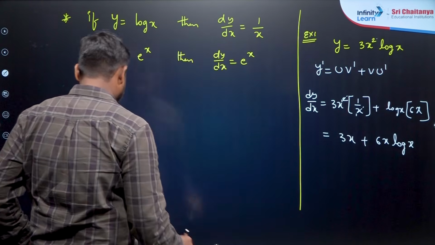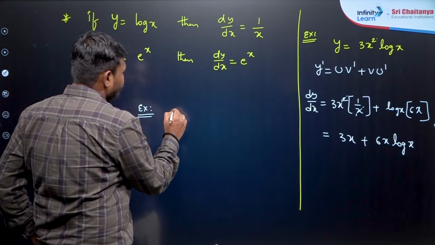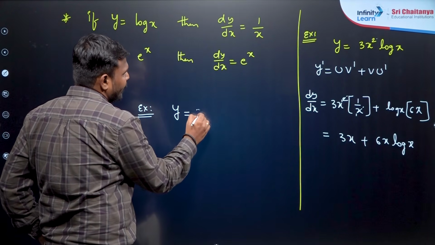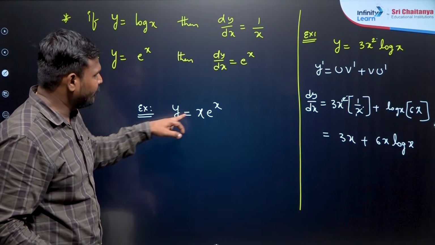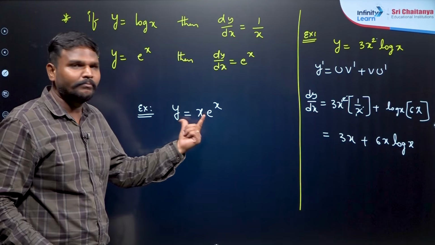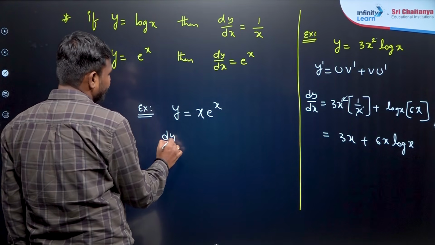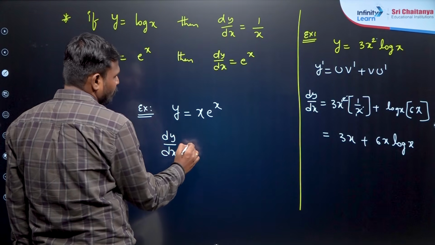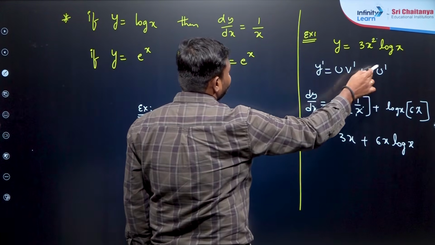Okay, next, another example. If they are saying y is equal to x e power x. x is again algebraic, e power x is exponential. Two functions are multiplied. Now again dy by dx is equal to u v dash plus v u dash.